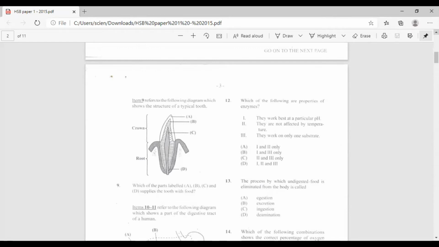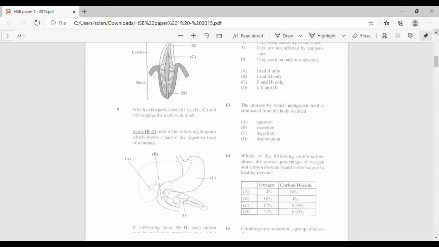A is the enamel, B looks like the dentine, C is the pulp cavity, and D looks like the cement, if I'm not mistaken. So the answer would be C, because C would have the blood vessels, which would supply food, oxygen, and remove carbon dioxide.